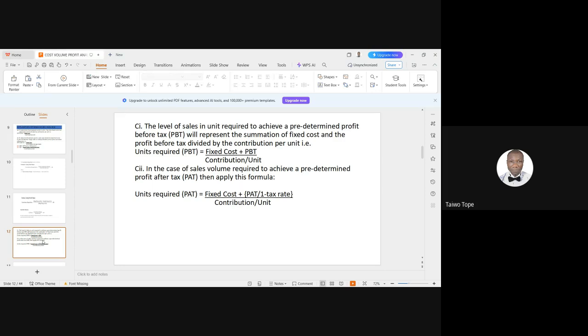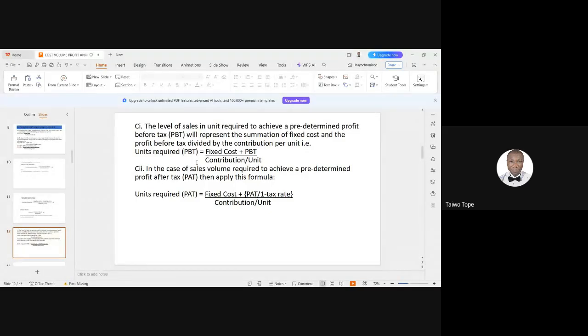And when the question is demanding that from you, what sales level do you need to achieve a target profit? Simply use this formula: fixed cost plus what? Profit before tax. The tax element will be given, the profit before tax will be given, divided by what?